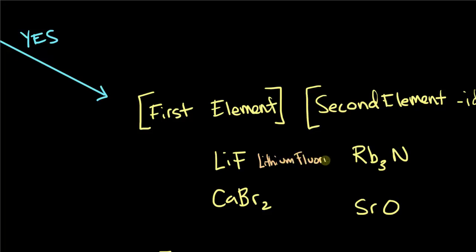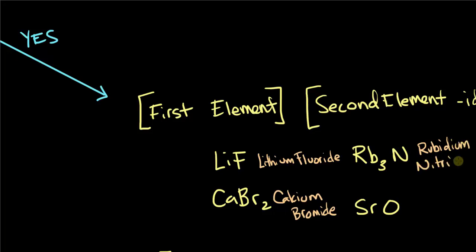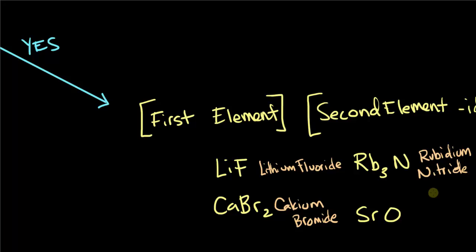It may take you a little while to find elements on the periodic table, especially as you're beginning. But the more you practice, the better a sense you'll get of the periodic table and the faster you'll become. This one will be calcium bromide. This next one will be rubidium nitride. And the final one will be strontium oxide.